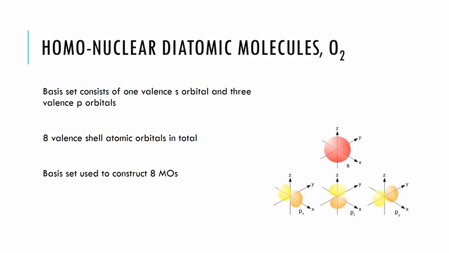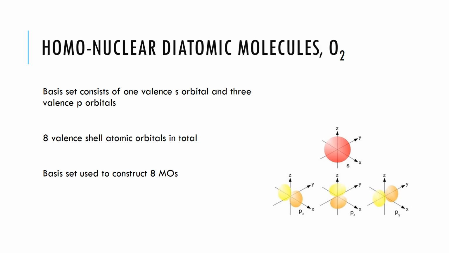Okay, so that's an introduction to molecular orbital theory there, and I want to just talk about some slightly more complex systems, but still where we have 2 atoms of the same type in a diatomic molecule. So these are called homonuclear diatomic molecules.